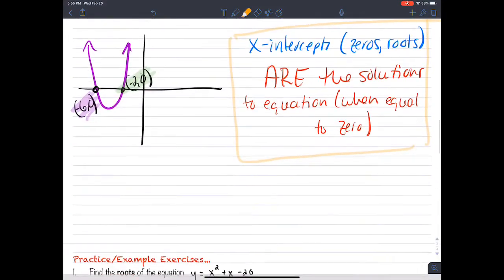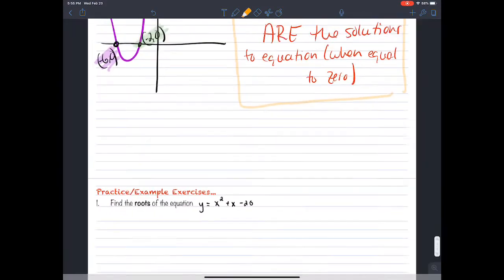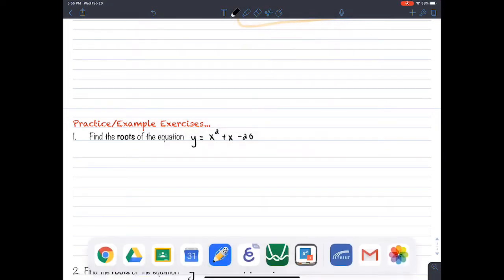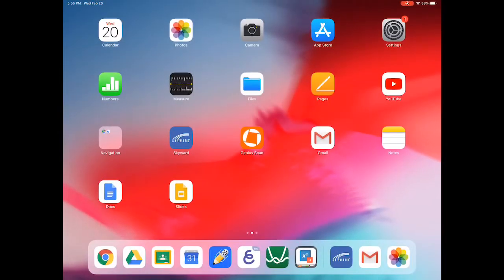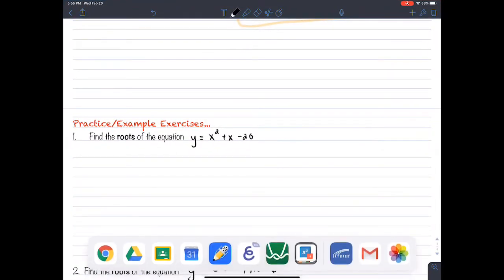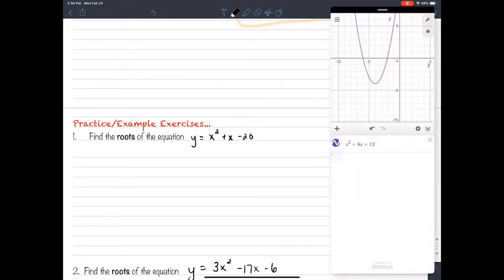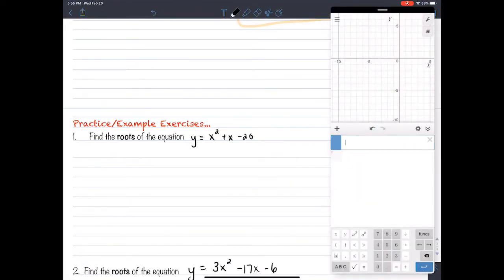So below that, we can see two quick examples of how we might ask you to use this knowledge. Question number 1 is asking us to find the roots of the equation. What we know, and again, you can just copy this with me, is if we go look at a graph of this function, I'm going to type in y equals x squared plus x minus 20.